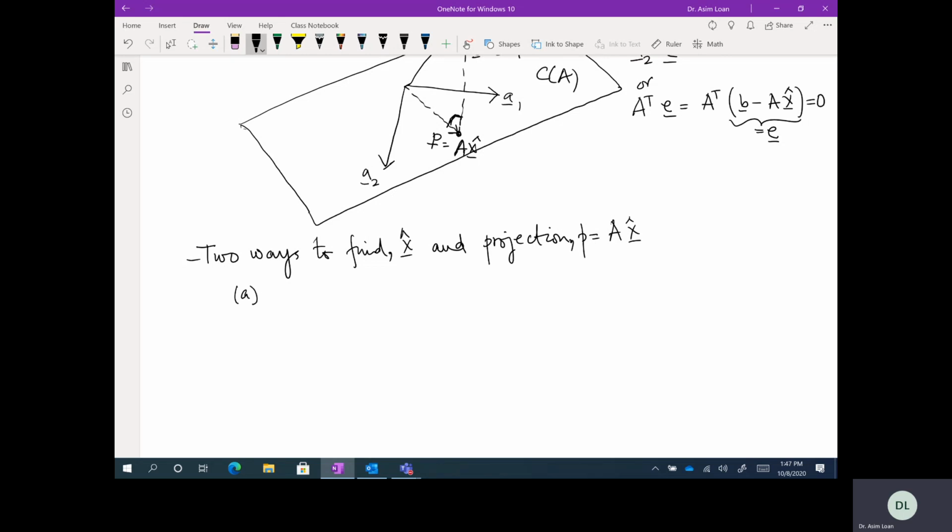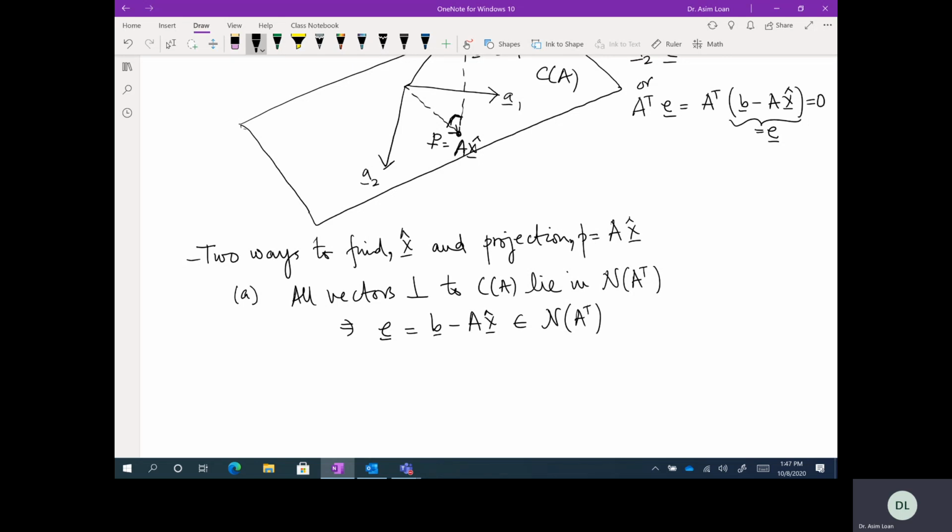So one is: all vectors orthogonal to the column space of A lie in the left null space of A, which implies E, which is equal to B minus AX hat, belongs to the left null space of A, or A transpose into B minus AX hat equals 0.